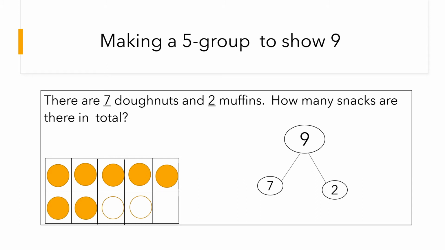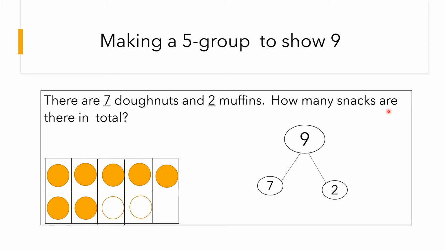Kindergarten, remember, our job is to make a 5 group to show 9. We want to show the 2 parts of a 9 in a 5 group. Listen carefully to this number story. It's another yummy one. Listen carefully. There are 7 donuts and 2 muffins.